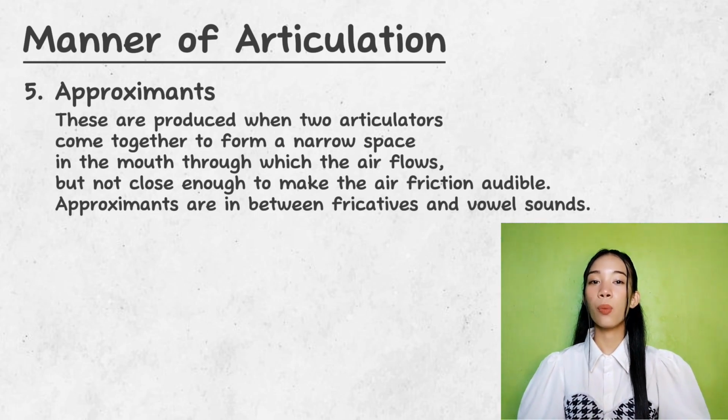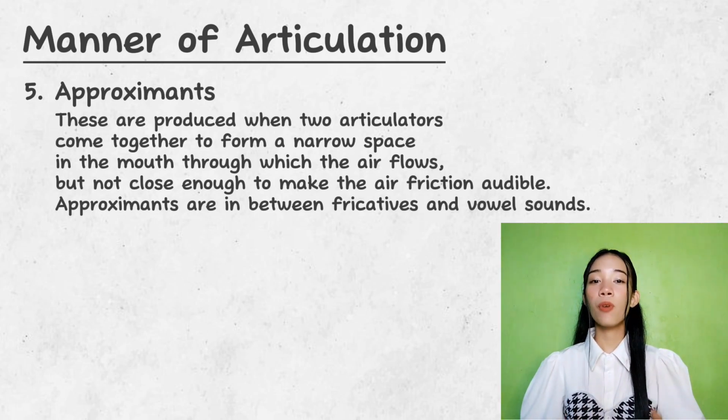You might think, wait, this is not different from the fricatives. Why are they a different group? They are different because this little space is not as small as with fricative sounds. The air flows through this narrow space, but it's not close enough and not small enough to make the air friction audible. So there is a difference in the size of this small opening that is formed.